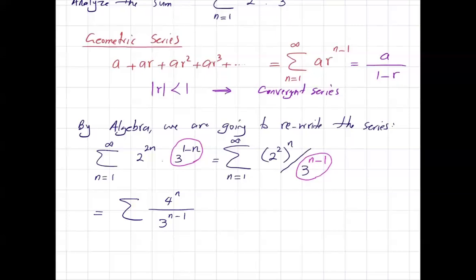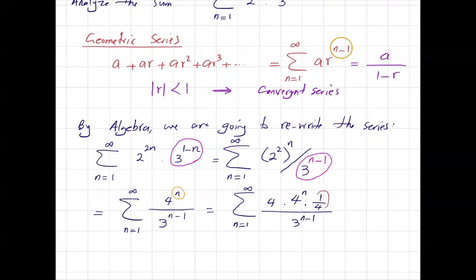So if I can create n minus 1, then I'm almost done. How do I create n minus 1 here? If I multiply and divide by a number like 4, then I can create that. This can be written as the summation of 4 to the power n times 1/4 times 4, divided by 3 to the power n minus 1, starting from 1 going to infinity.